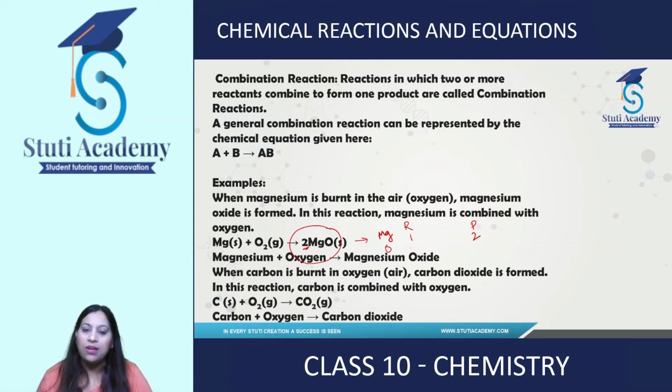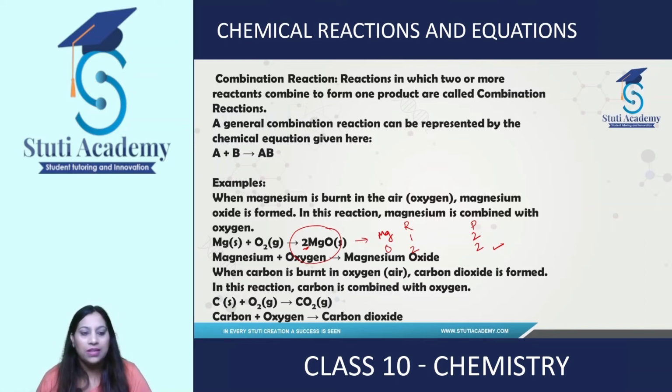Oxygen on the reactant side is 2 in number, and on the product side it's again 2. So if we look at both elements, only oxygen is balanced in this case. Can we say that it's a balanced chemical equation? No, it is not a balanced chemical equation.